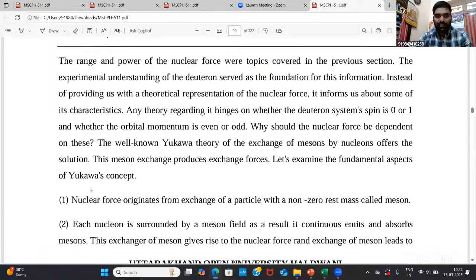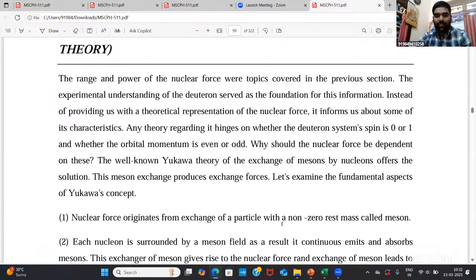Nuclear forces originate from the exchange of a particle with non-zero rest mass, called a meson. So from where do these nuclear forces originate? From the exchange of a particle with a non-zero rest mass, and those particles are called mesons. Each nucleon is surrounded by a meson field, and as a result, it continuously emits and absorbs mesons.